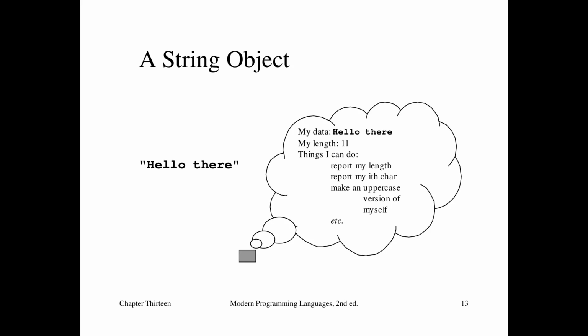We can find what is the ith character. We can make it uppercase, lowercase. We can split it. We can do all the different things as defined by the current version of Java's actual API definition, right? So you go look it up in the API docs, and you'll find out all the different methods that apply to string.